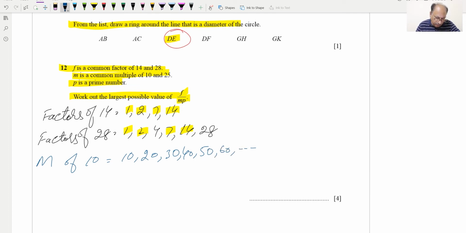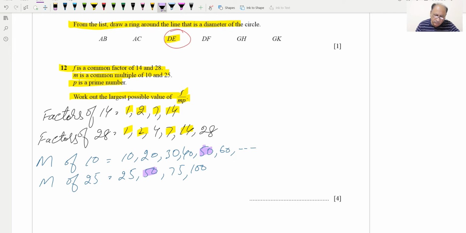And multiples of 25 we can write as 25, 50, then 75, then 100. They're saying M is a common multiple of 10 and 25, so common multiples will be which one? 50, we can take this one.